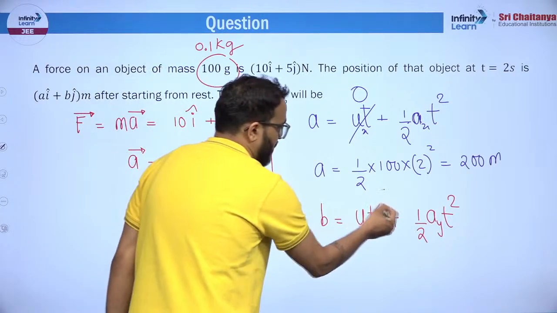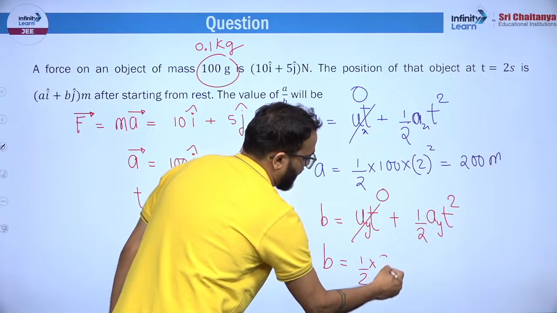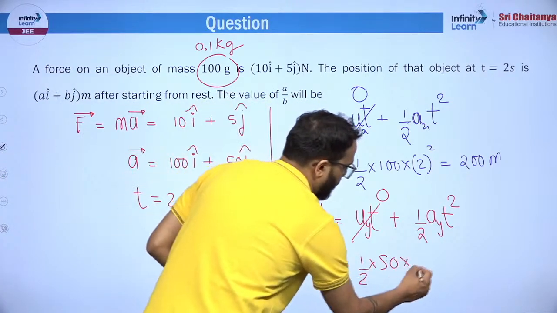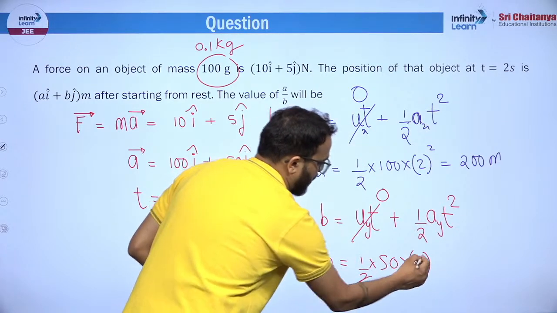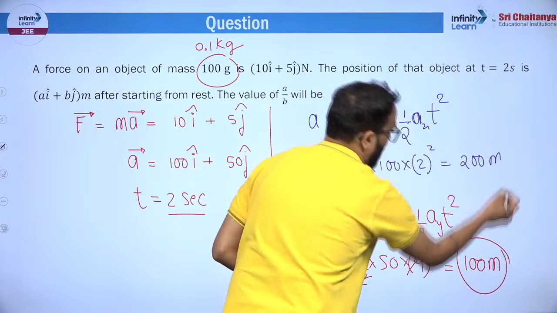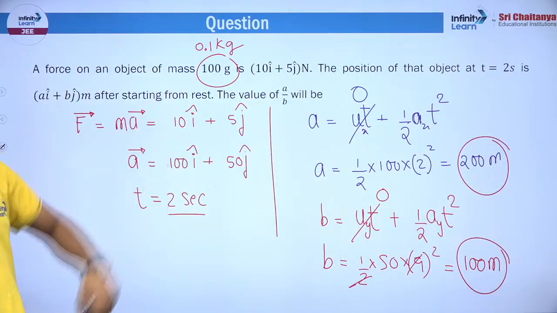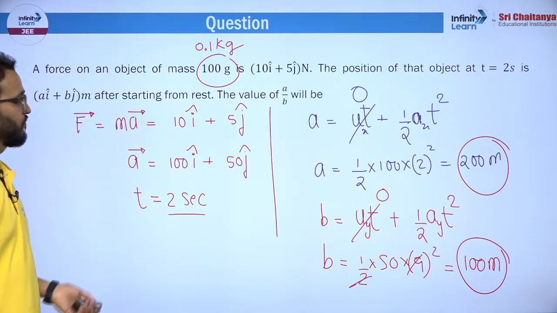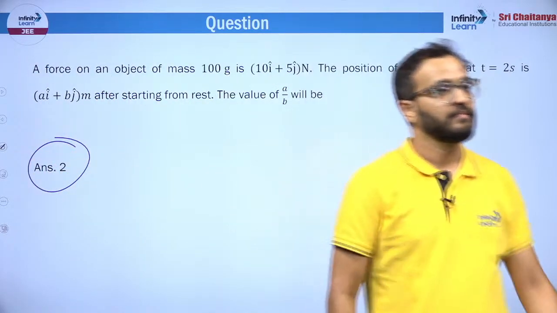So this is going to be 0. तो बच्चों यहाँ जोर से बोलेंगे, half into a_y कितना है? 50 है, बिल्कुल है। टाइम कितना है? 2 का स्क्वायर करेंगे तो कितना आएगा बच्चों? आएगा 4, तो 2 1 जा 2, 2 जा 52 जा 100 मीटर्स। तो b जो आया है वो 100 मीटर्स आया है, a जो आया है वो 200 आया है। अब अगर आप a और b का रेशियो लोगे तो आंसर आएगा 2। तो मेरे हिसाब से इस क्वेश्चन का आंसर आना चाहिए 2। यस, ये सही भी है और इसका आंसर है 2। समझ में आ रही है बात बच्चों?